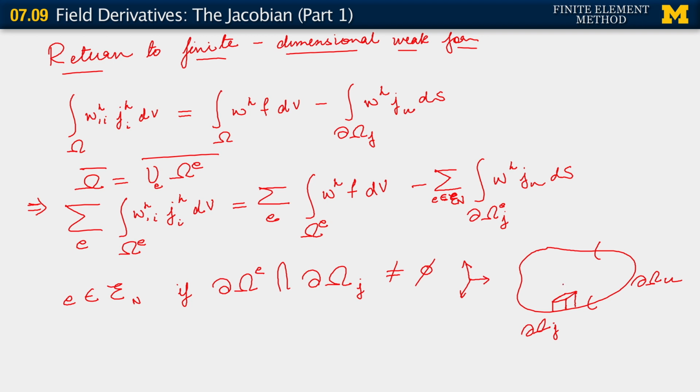So this is an element, say omega E, where E belongs to this set, and it is only over that set of elements that this very last sum is computed.